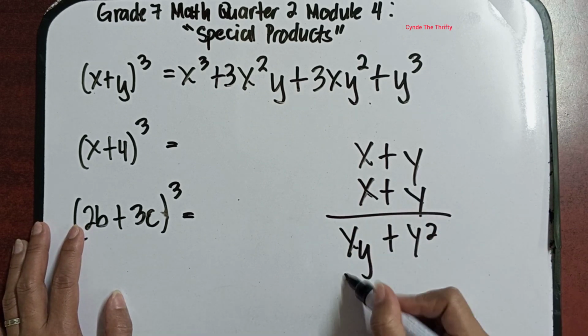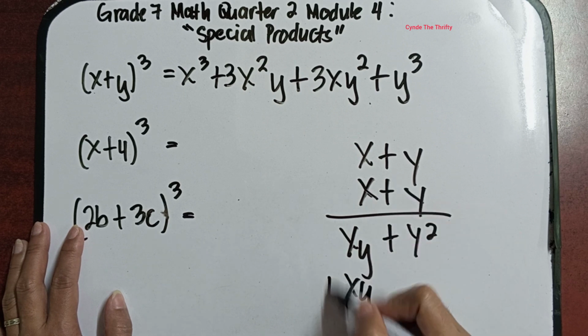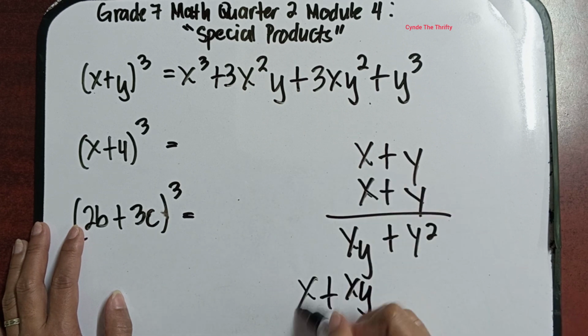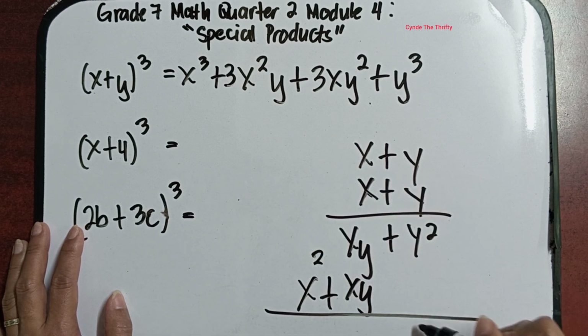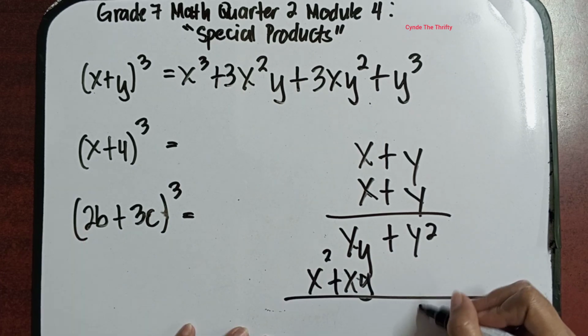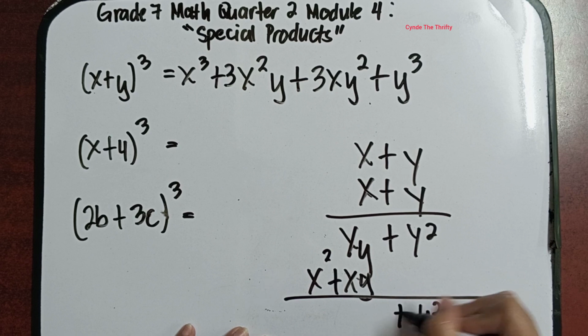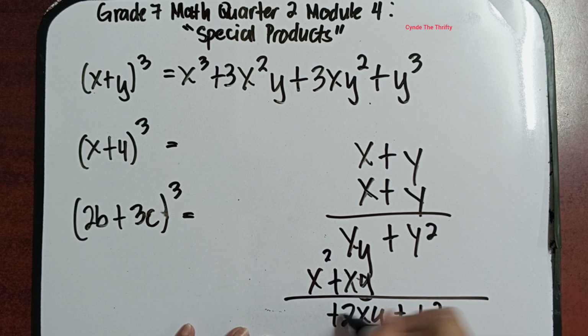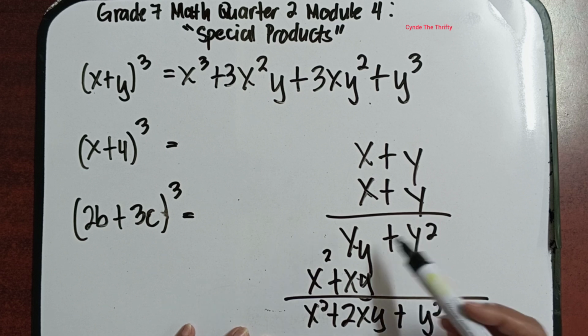So, x times y is equal to xy plus x times x is equal to x squared. Okay, so bring down y squared. Bring down natin si y squared plus xy is equal to 2xy plus x squared. Okay, so x squared plus 2xy plus y squared.